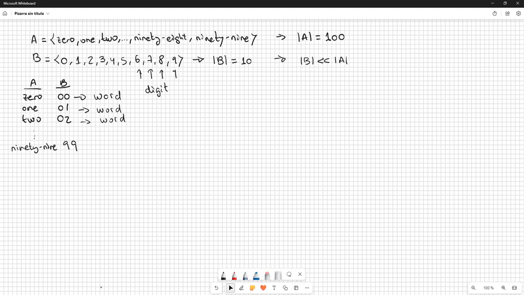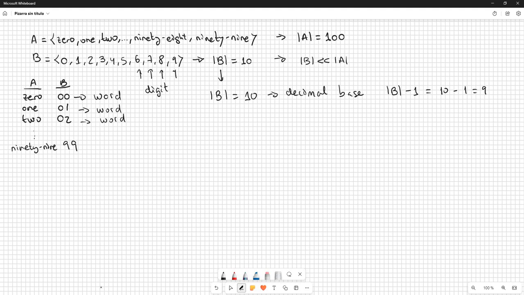What is the base? The base is the cardinal of B. So here the base is 10, the decimal base. That is the base that we use normally in our daily lives. The highest digit of B is going to be the cardinal of B minus 1.